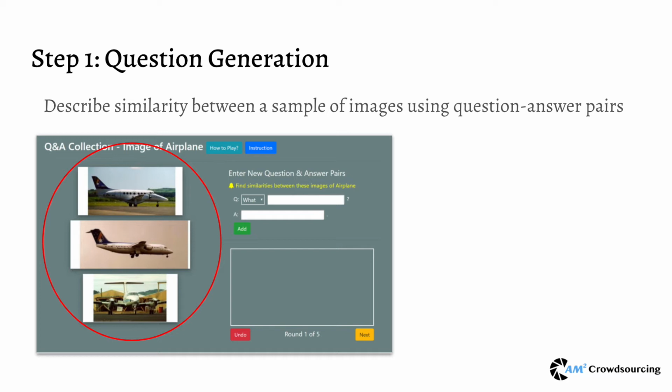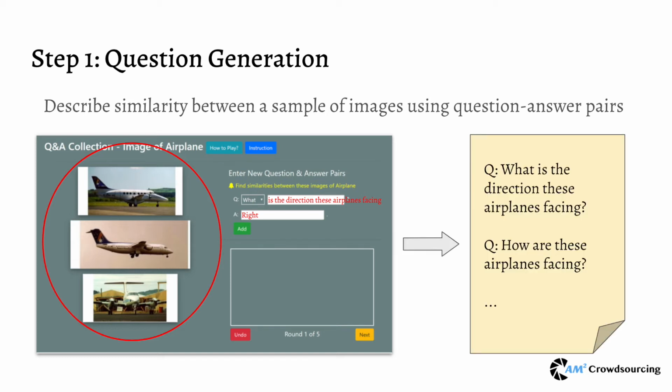We ask crowd workers to start their questions with what, where, when, and how to improve the quality of the inputs. For example, for these three images of airplanes, a possible question from the workers could be, what direction are these airplanes facing, with the answer, right. Eventually, the output of step 1 would be a set of questions where each of the questions can represent one bias of the images.